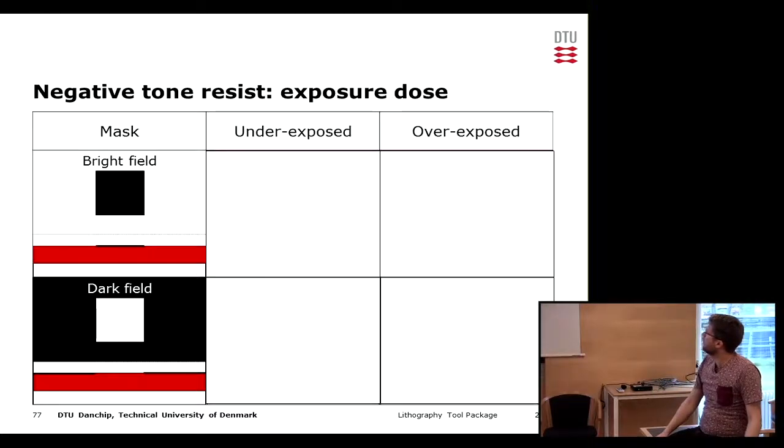Okay, so let's now try to look at the same when we just change the exposure dose. So the bright field design, we are expecting a square hole. What happens when we don't expose enough? So the area around the square receives a dose that is too low.